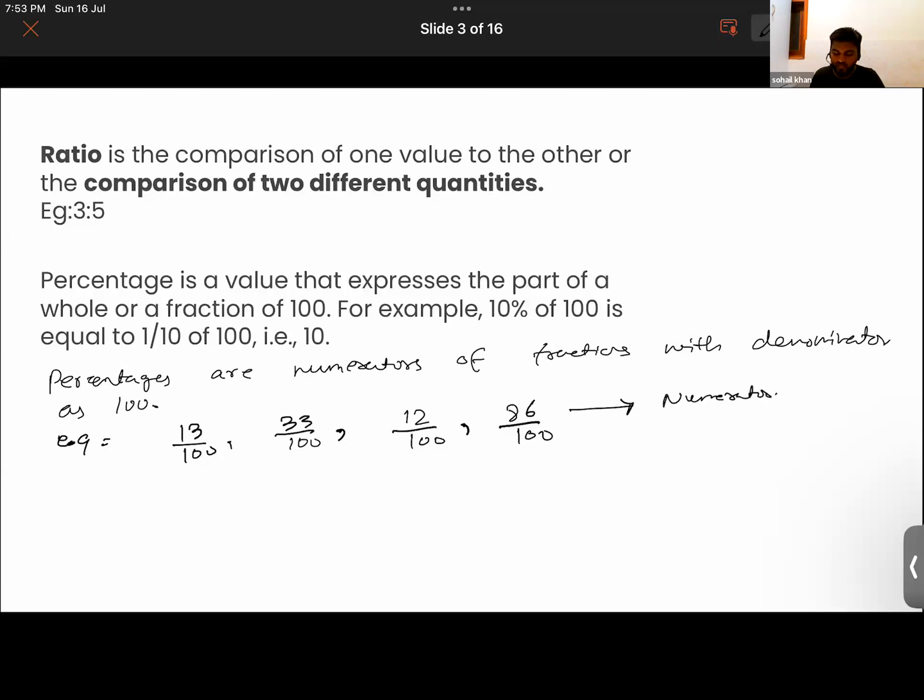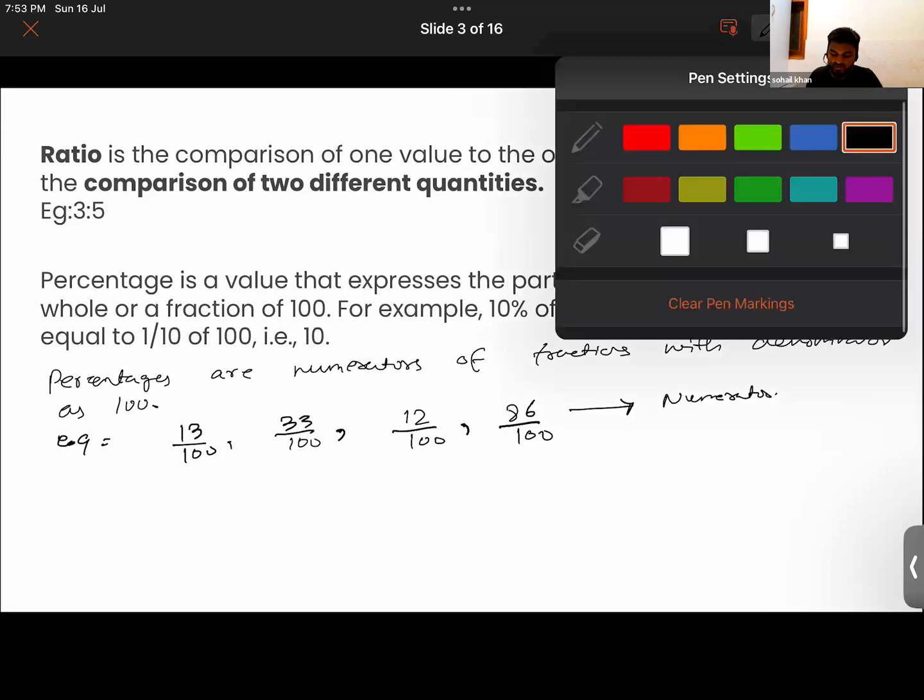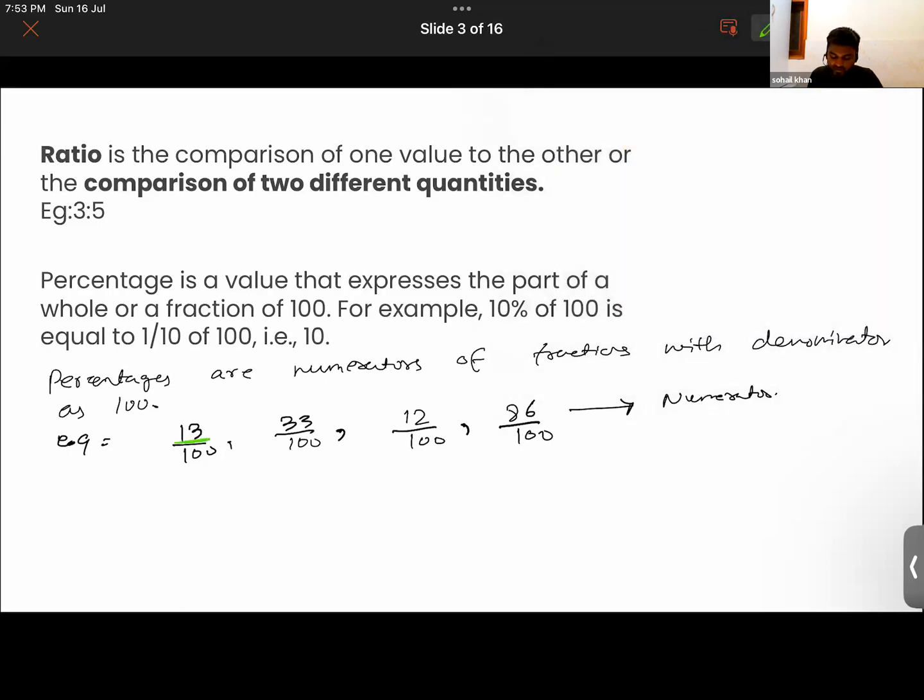As per the definition written over here, what value is the percentage in the fraction? Yes, Arhan and Ahmed, percentages are numerators of fractions. Like all these numerators which you see, 13, 33, 12, 86, these are all percentages.